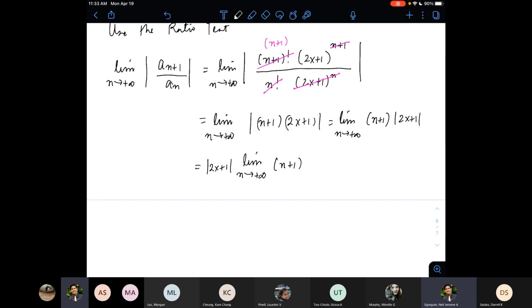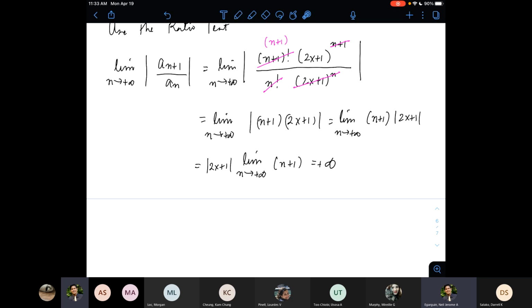We're taking the limit of n plus 1 as n approaches infinity, and this would be positive infinity, right? Whenever x is not equal to minus 1/2.